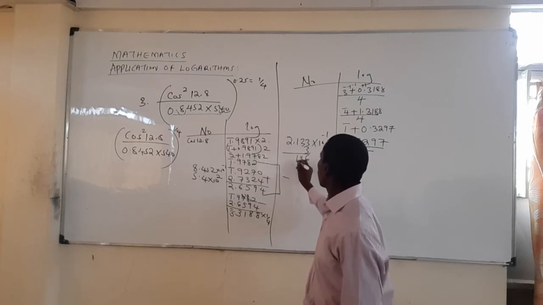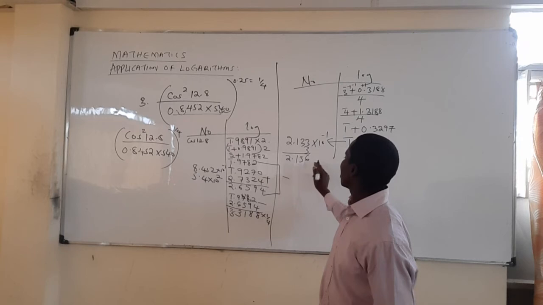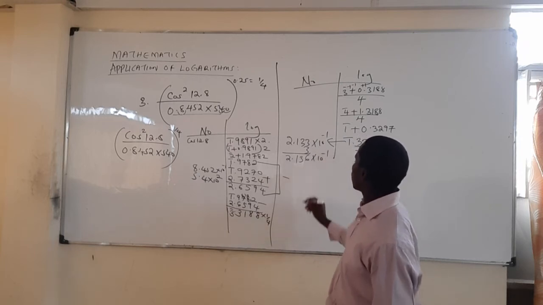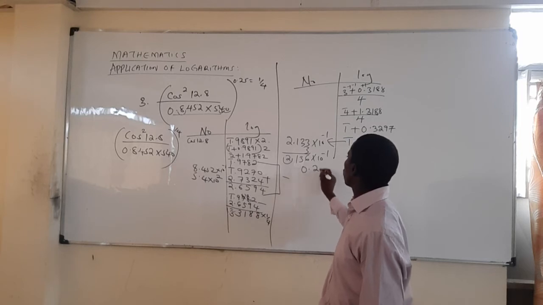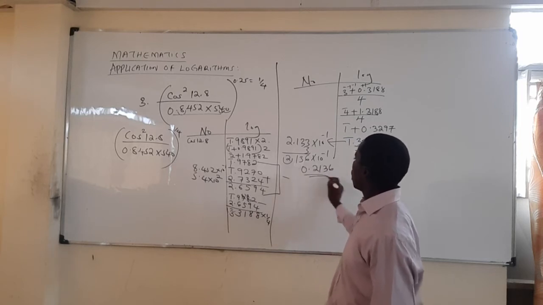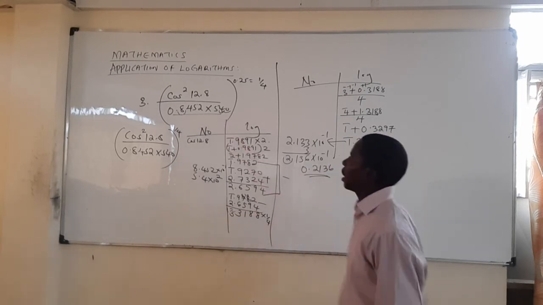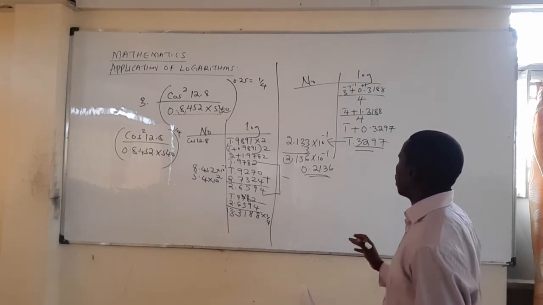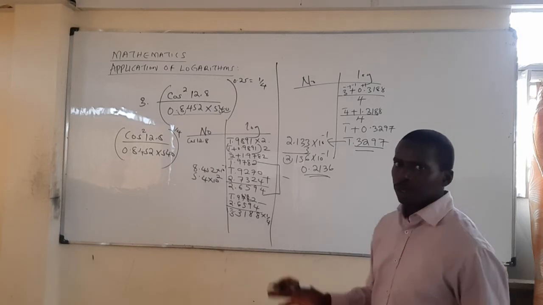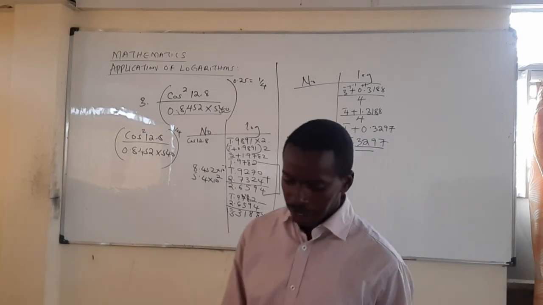This is 2.136 times 10 to the negative 1, which is the same as, we go back one step, 0.2136. So that's the solution to that question when you're solving it using logarithms.